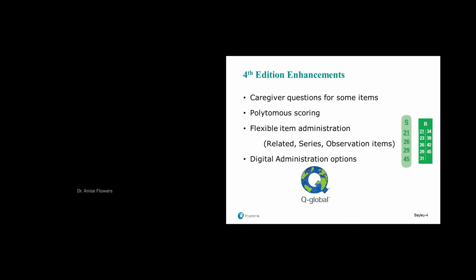So in the Bayley-4, all the scoring for items was changed to 0, 1, or 2. In that way, we're able to give 1 point for many items when the skill is not fully obtained but is in development. So I feel like it's given a more accurate picture of young children's development.